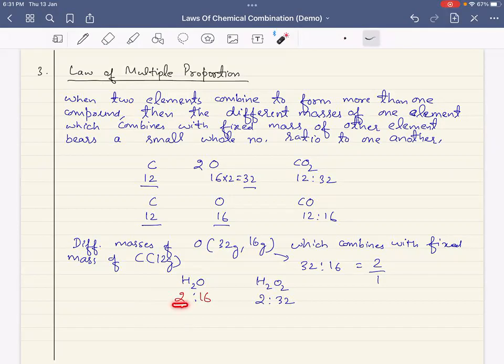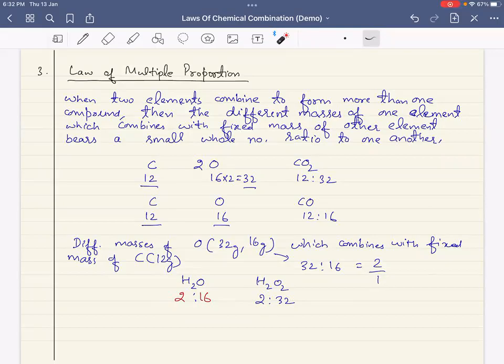Here the mass of the hydrogen is fixed, that is 2. And the different masses of oxygen, that is 16 and 32, combine with the fixed mass of hydrogen, that is 2. So they combine in a simple whole number ratio.